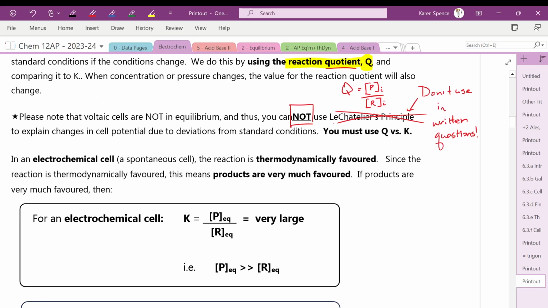So for an electrochemical cell, E0 is positive, and the K value is very large.